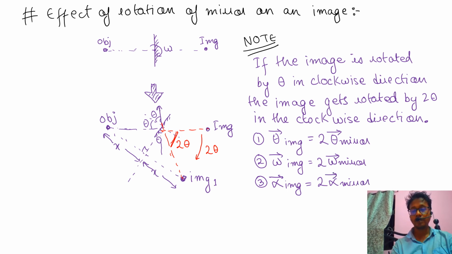Out here there is no minus because the direction of mirror rotation vector is the same as the direction of rotation of image vector. Understood?